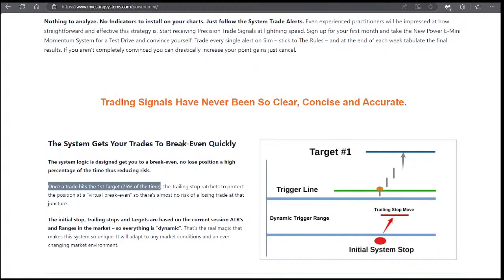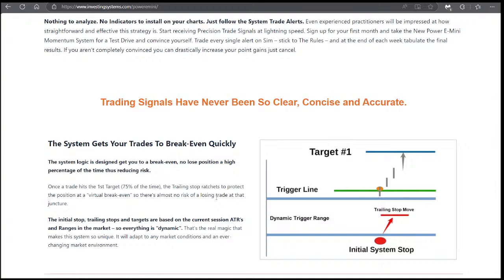Let me tell you why that's important. Suppose we wanted a 90% hit rate on target one. We'd make target one like 2 ticks. I don't guarantee it, but with this system, if I wanted a 95% hit rate, all I'd have to do is say our target is 1 tick.